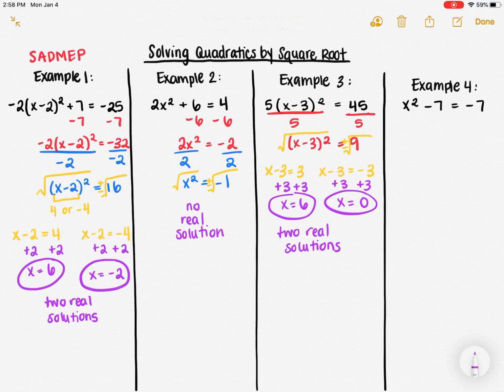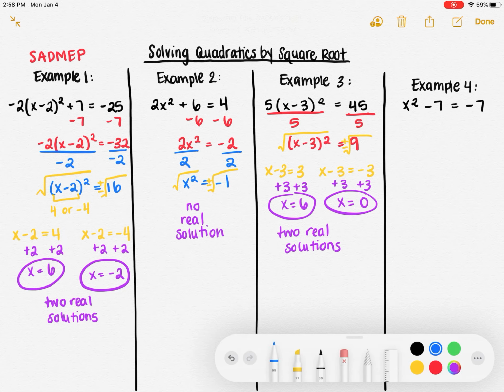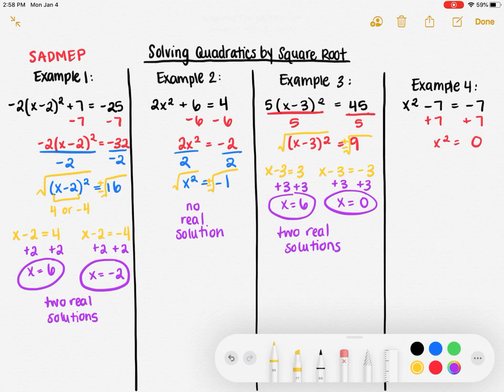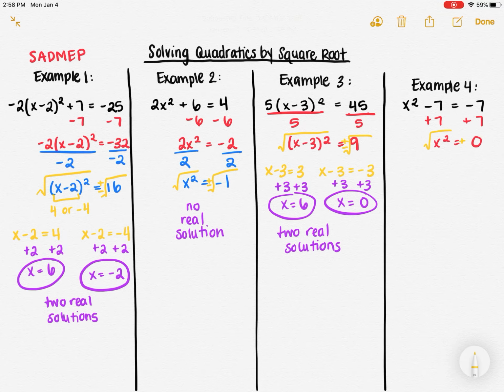Finally, example 4, we have x squared minus 7 equals negative 7. So the first thing I need to get rid of is the minus 7. So I'm going to add 7 on both sides. I get x squared equals 0. Now to get rid of the square, I have to take the plus or minus square root. Now with 0, there's really no such thing as a positive or negative 0. 0 is neutral.